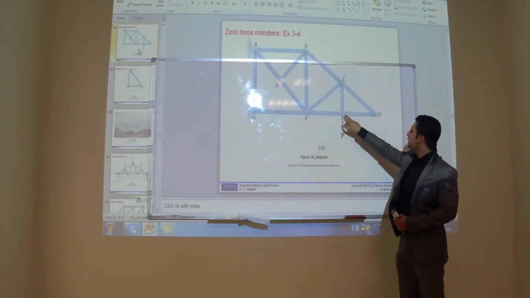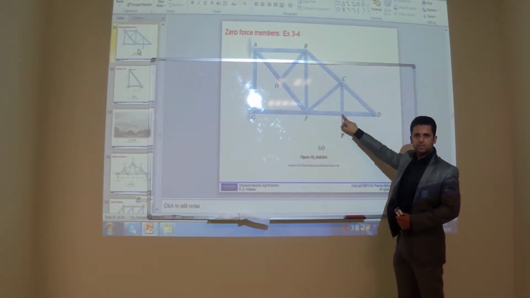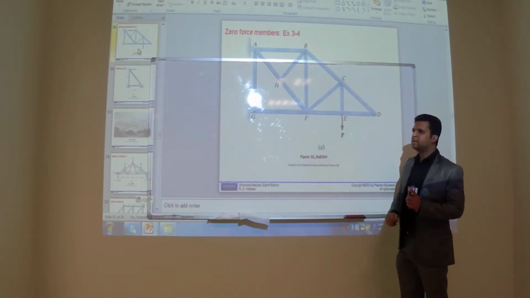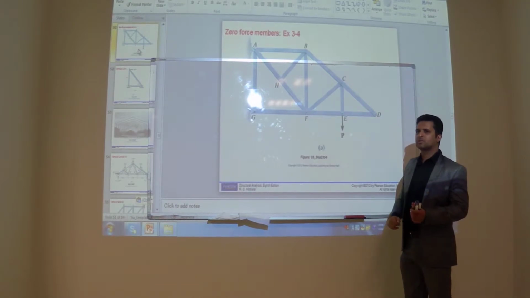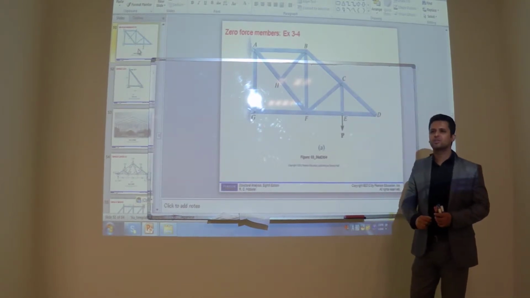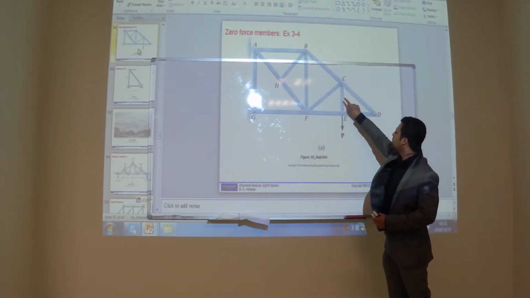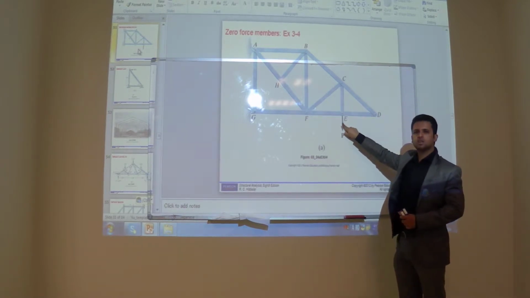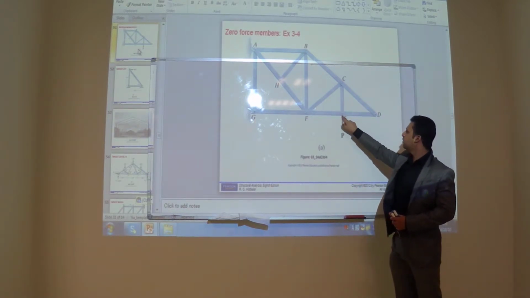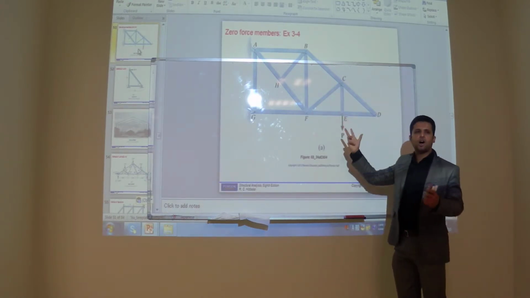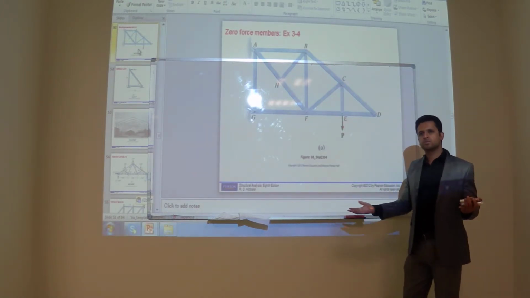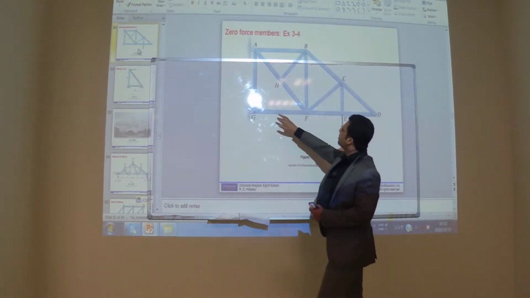Apply sigma Fy. Will it be zero force or not zero force? No, it will not be zero force. There will be some force. The force in this member will be equal to this. And you cannot solve in the x direction because in the x, these two forces will be equal. But how much are the forces? We don't know.